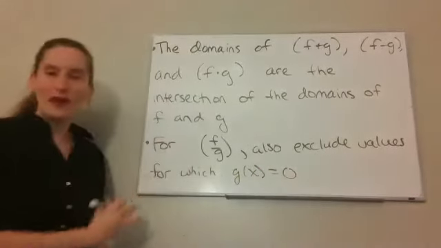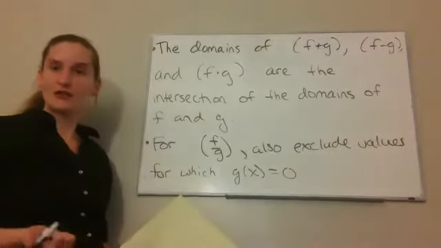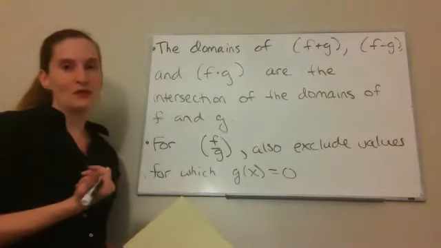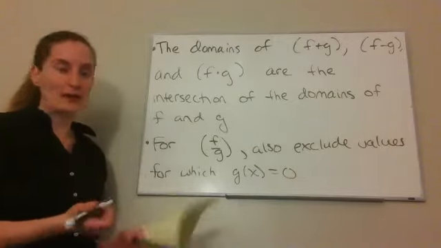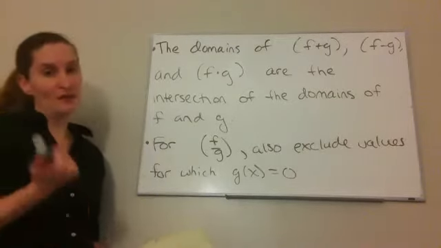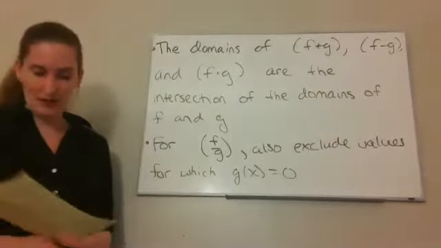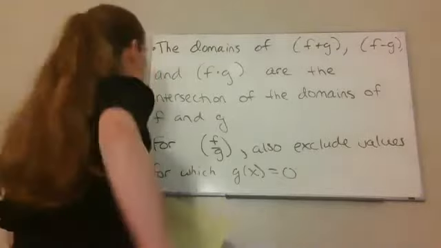So the domain for f over g is just slightly more complicated. It's still the intersection of the two domains, but then you also have to exclude any values that make you divide by 0. Sometimes there aren't any that make that happen, but sometimes there are. So let's do an example where we try out all of these different operations.